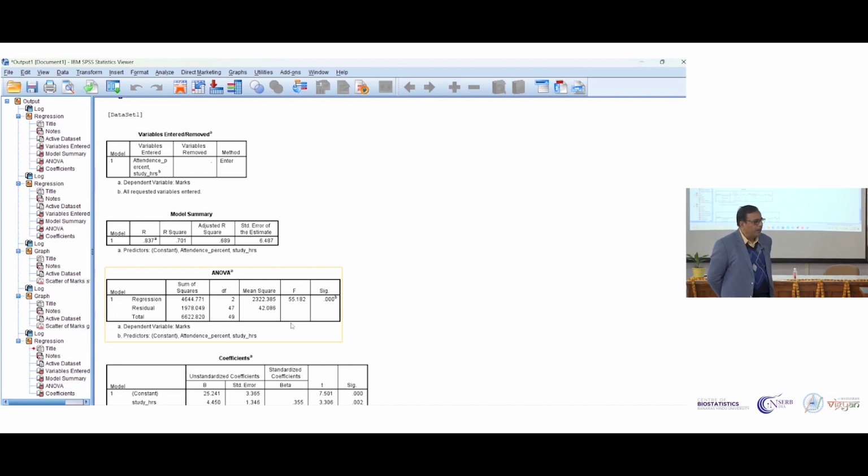The R square value of this model is 0.7, which is square of correlation coefficient between marks and marks by effect of attendance and study hour both.